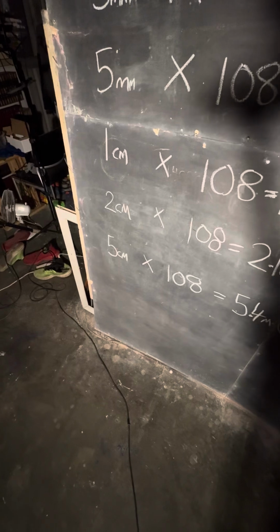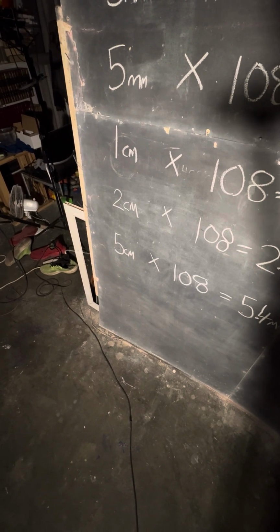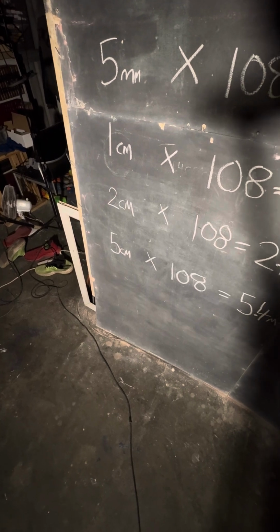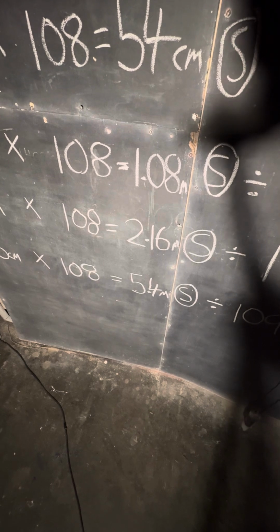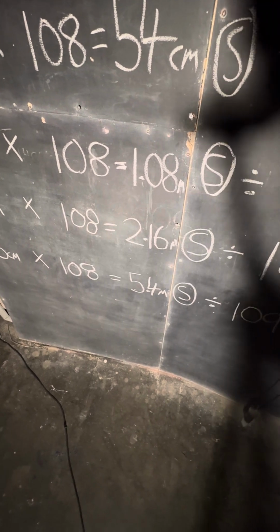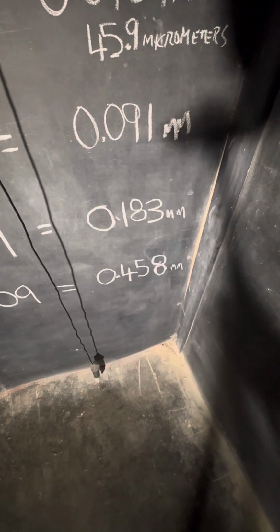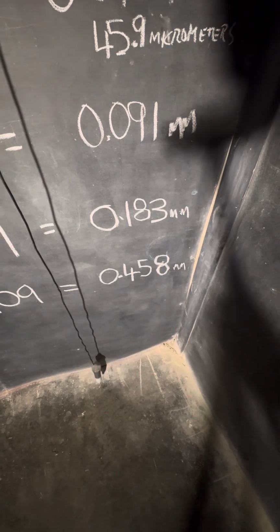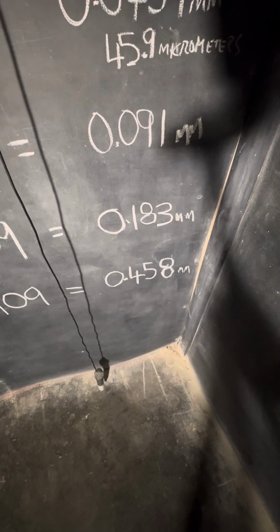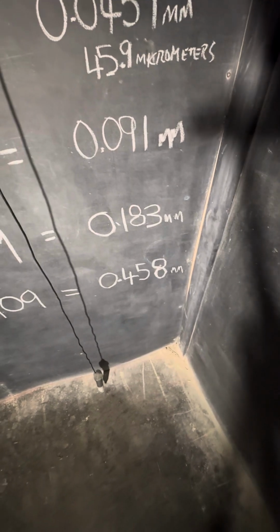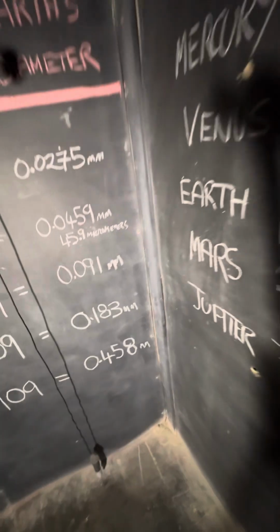So with a 5 centimeter sun, if you want to have a play, the distance between us and the sun is 5.4 meters, and your Earth would have a diameter of just under half a millimeter. You can have a play and you get the distances.